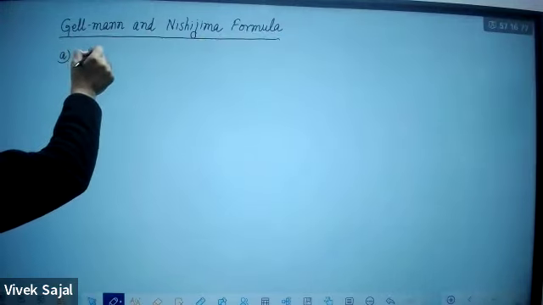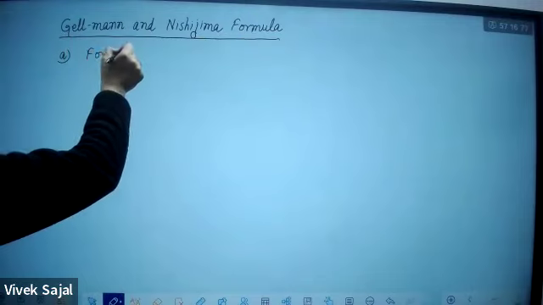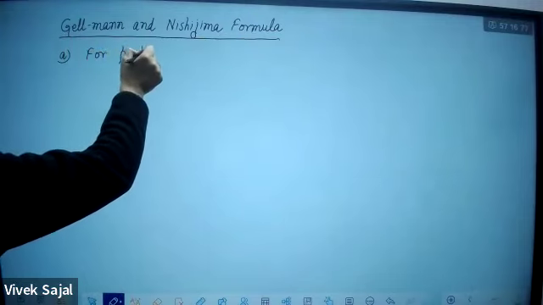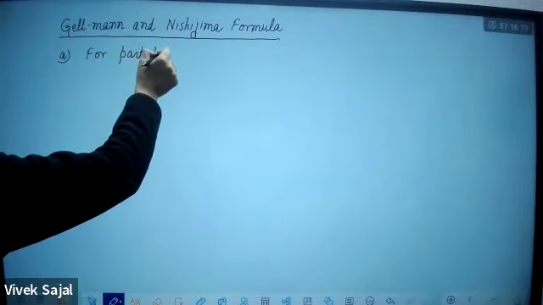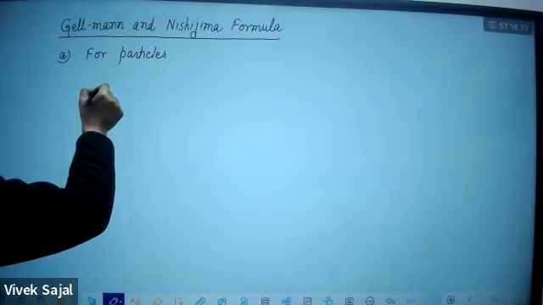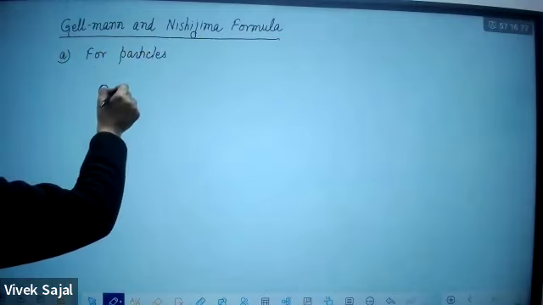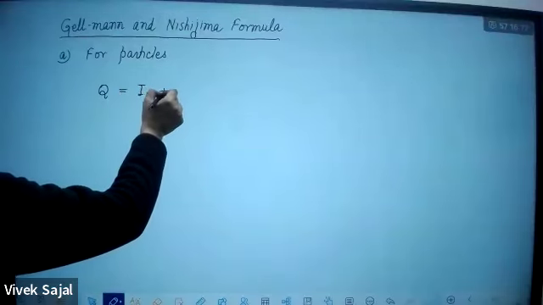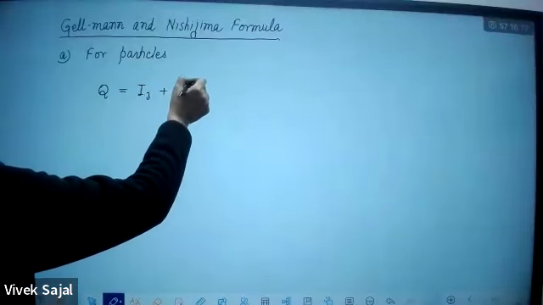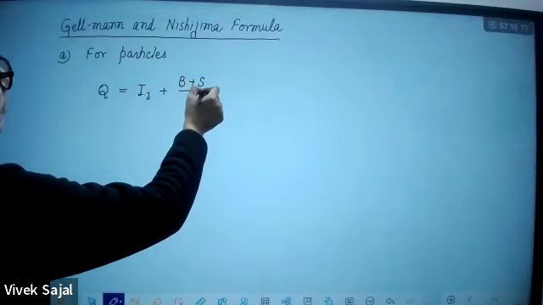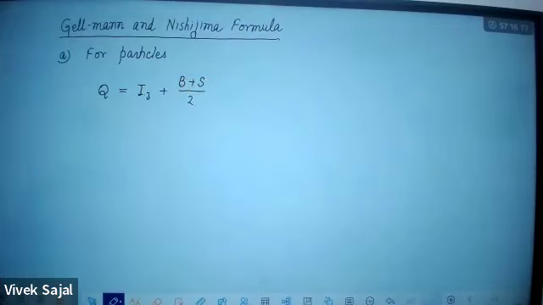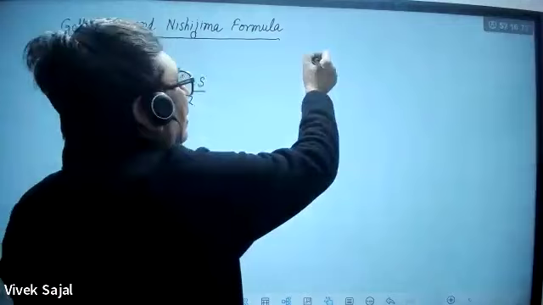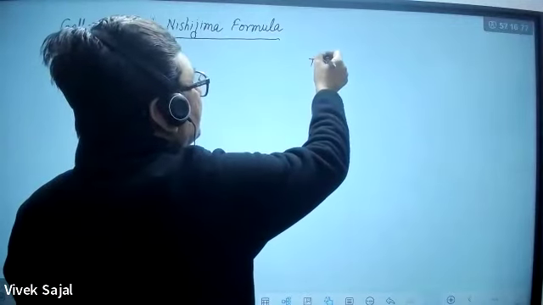For particles, this formula says that charge on a particle Q will be equal to I3 plus (B plus S) by 2. You can take any of the particles and this formula is going to be satisfied. For example, I'm taking this pi minus.